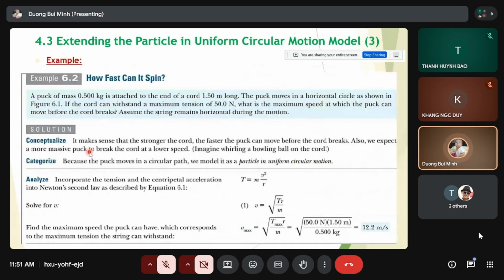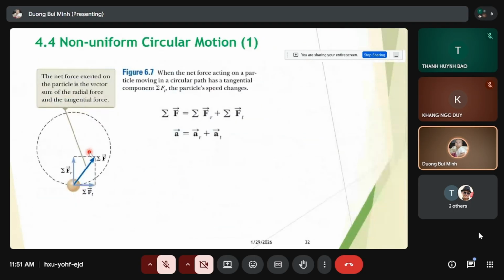But now you can see the total force does not go directly to the center of the circle, so we say non-uniform circular motion. So we need to consider F_R and F_T.